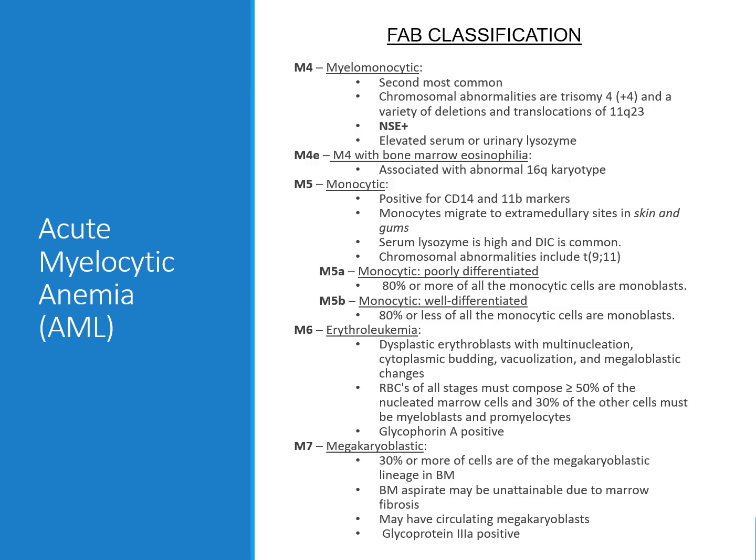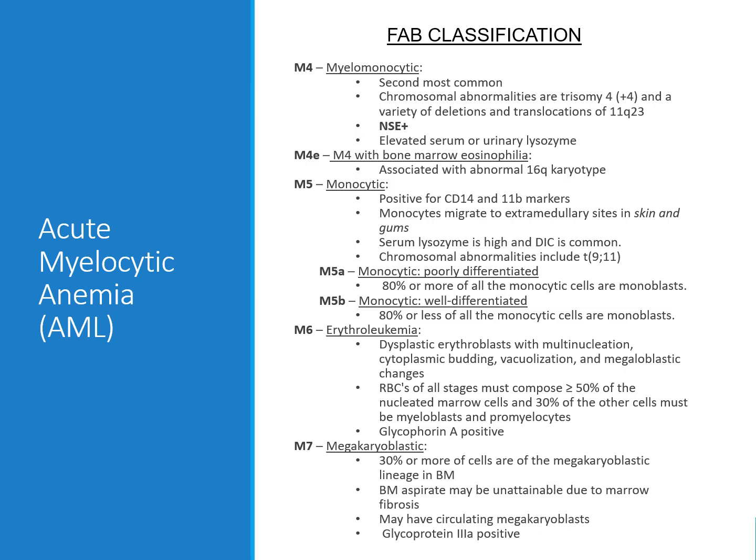So most of these have had to do with monocytes or maybe other granulocytes, but there are some that are associated with eosinophils as well. And we know eosinophils are granulocytes, but these are specific to eosinophilia. So M4E is going to be M4 with bone marrow eosinophilia, and this is going to be an increase in those eosinophilic blasts.